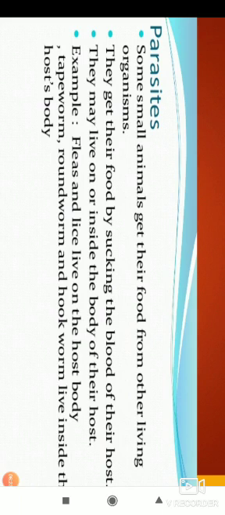These animals depend on other animals' or persons' bodies. The animal on which another animal lives and feeds is called the host. And the animal which lives on the host is called a parasite.